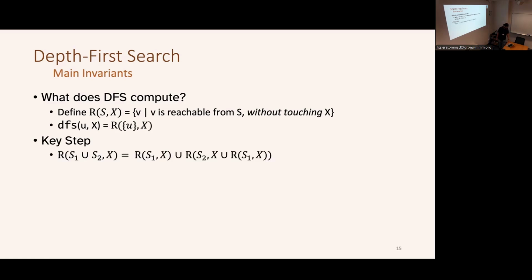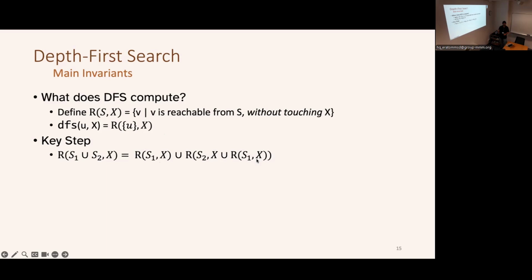So one of the observations is the following: if the source consists of S1 and S2, then we can first search for the vertices that are reachable from S1, and then when we start to look for the vertices reachable from S2, we can ignore the vertices that we have already explored.